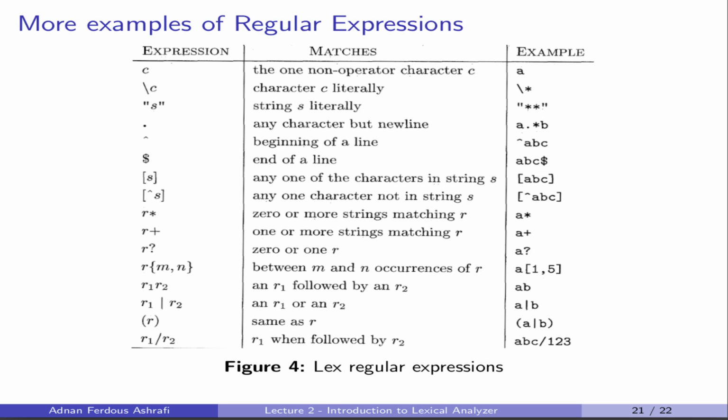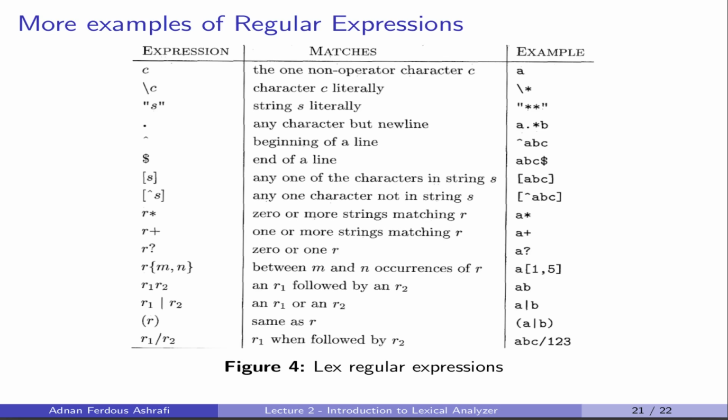Okay, alright. So then comes R star, which is my clean closure. Clean closure means there can be zero elements or there can be infinite elements. So for example A star means there can be zero A's or there can be infinite A's. Okay, so then comes positive closure or R plus.